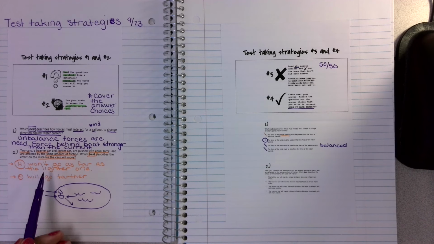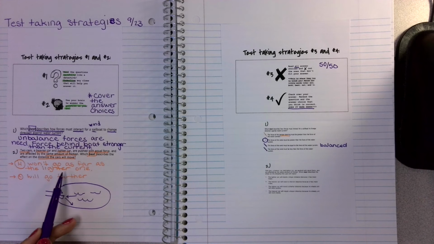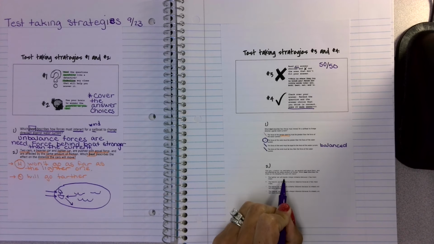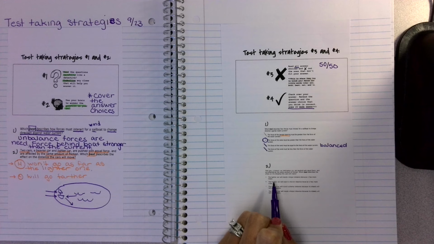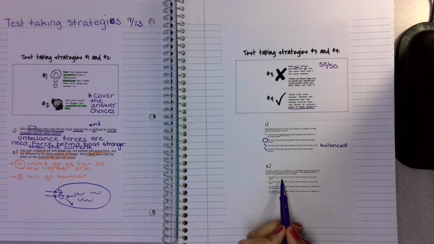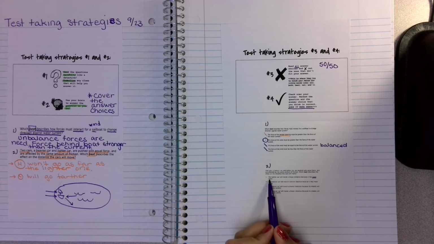Okay, so we talked about it, that the heavier car won't go as far as the lighter one. So the lighter car will travel a longer distance because it has more mass. Wait a minute. So the lighter car will travel a longer distance. Is that true? That it's going to go far? Yes, but is it true that it has more mass?